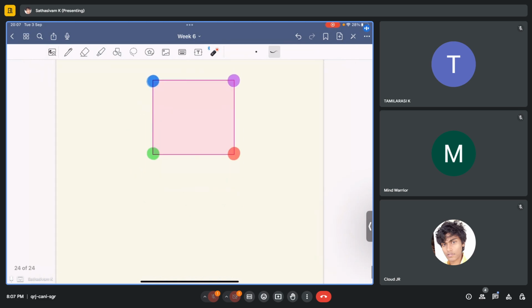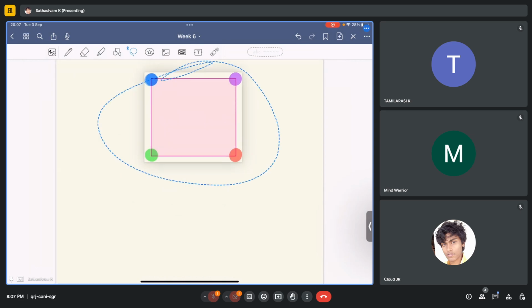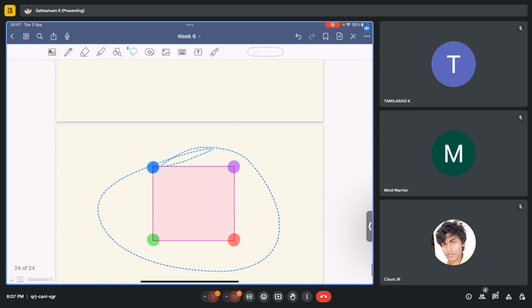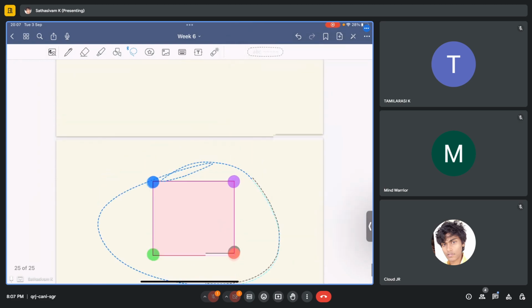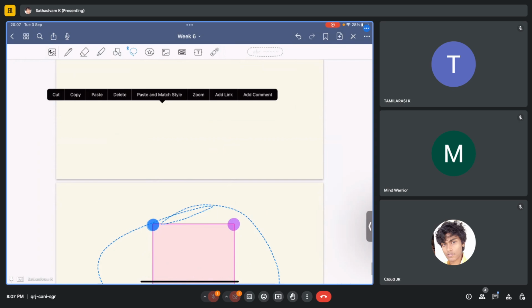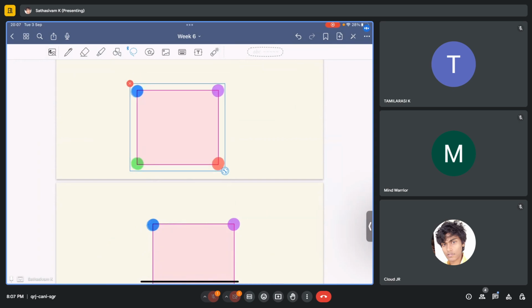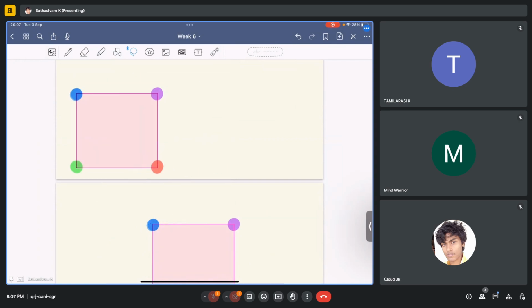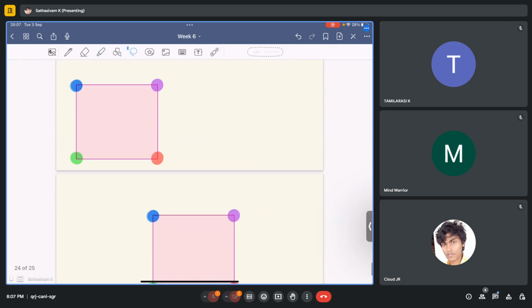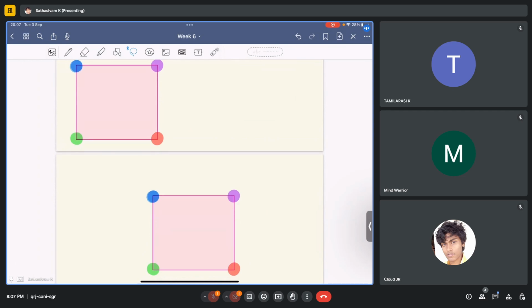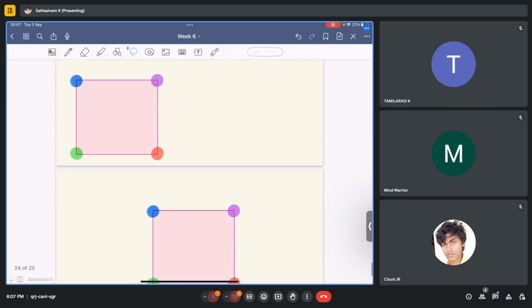For example, one way is that I'll just copy it again here. So this is the image that we start with. Now I can rotate it by 90 degrees, right?